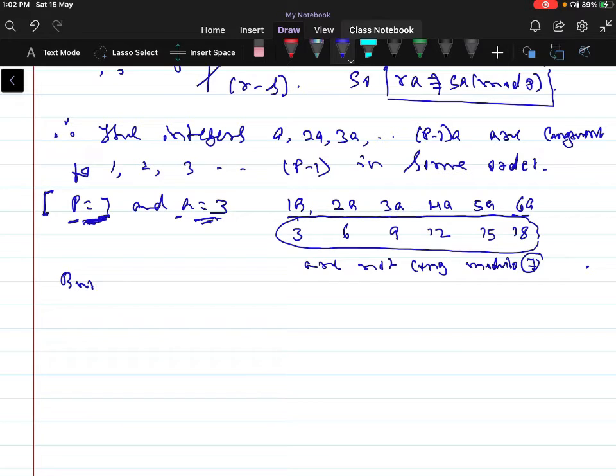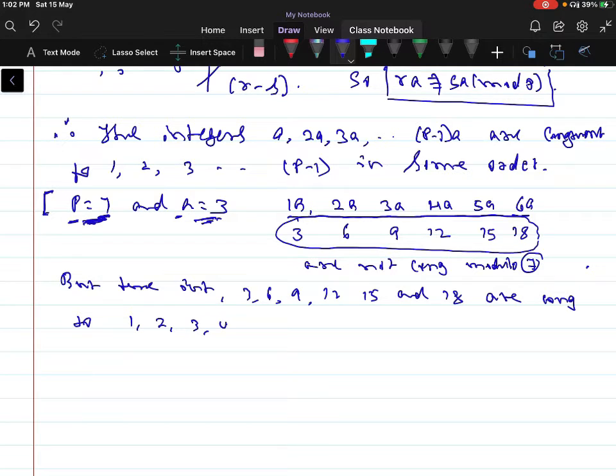But the integers 3, 6, 9, 12, 15 and 18 are congruent to 1, 2, 3, 4, 5 and 6 in some order.